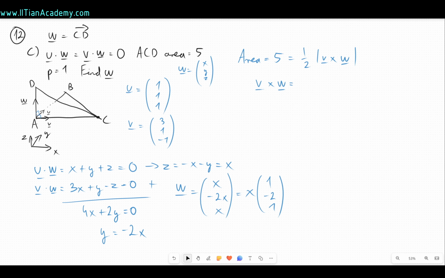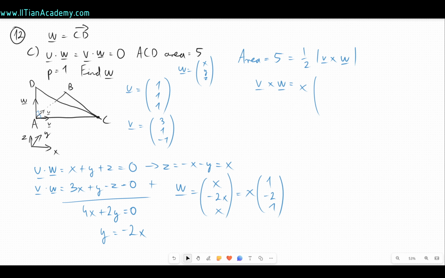There are several ways you can do this. There's a formula in the data booklet that you could use, but it's not the most efficient way to do a cross product. So what I like to do is factor out the x, and we need to do v cross w.